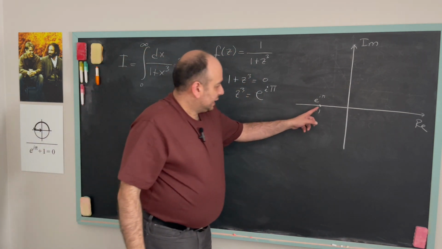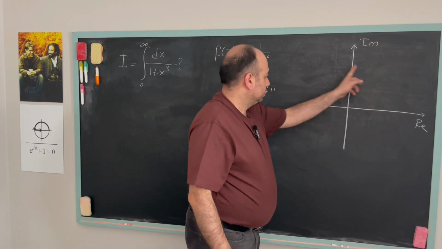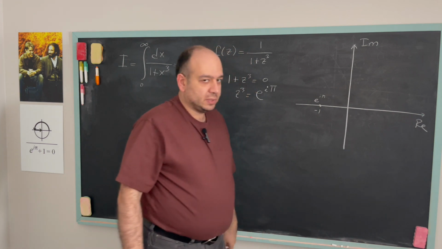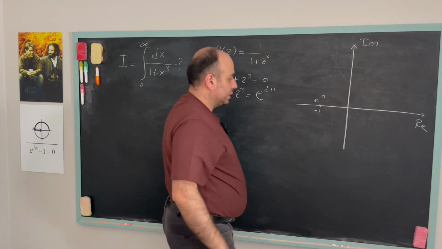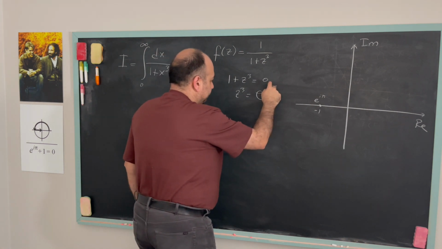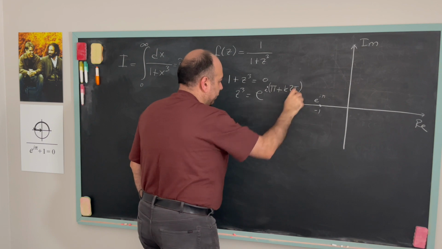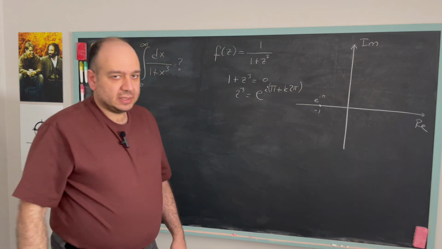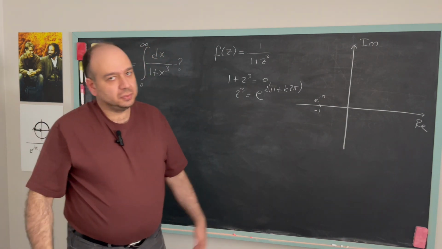If we make one full revolution here, I end up at the same point. If I move 2 pi radians, I end up with the same point. So I can simply put k times 2 pi, where k is an integer. k could be 0, 1, 2, 3, 4, 5.